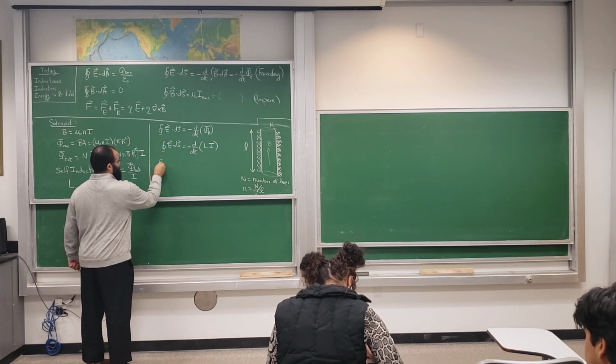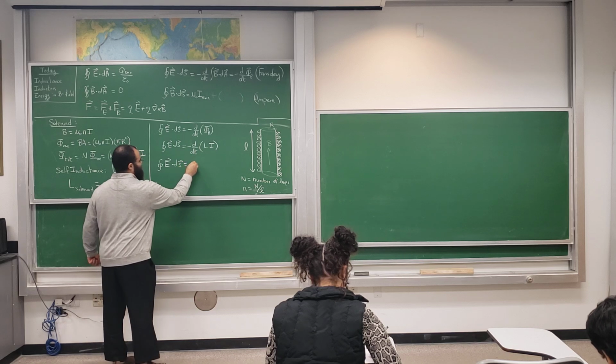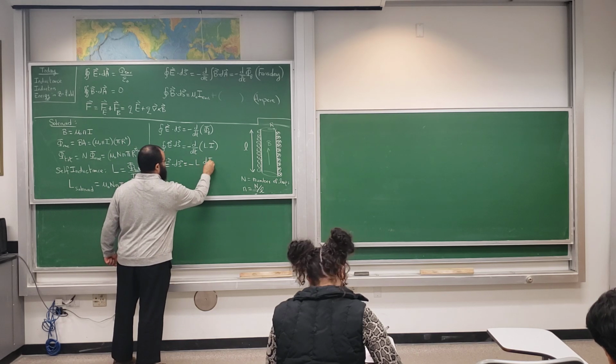So we get finally E dot ds equal to minus L times dI/dt.